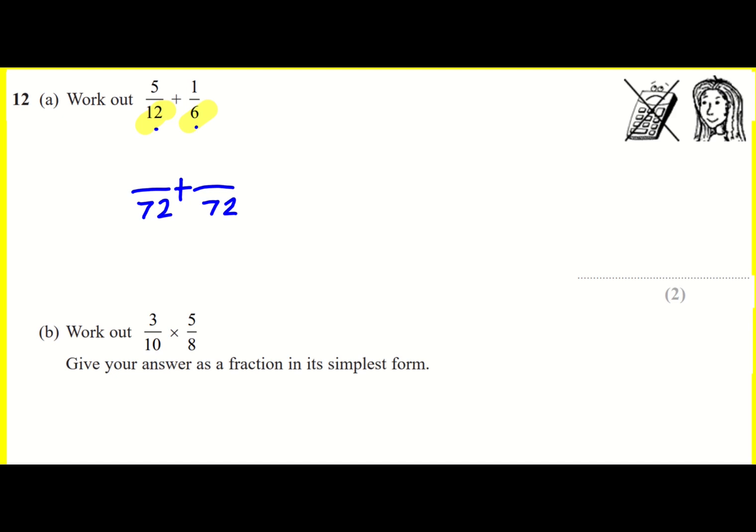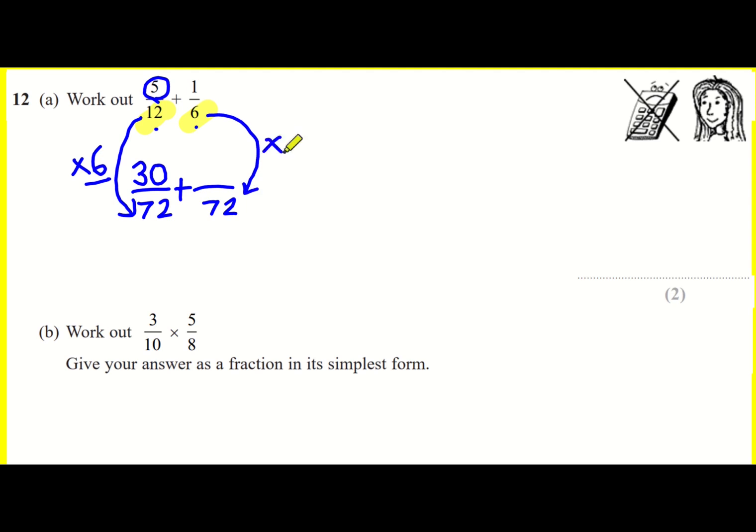And then what you have to think about is how many 12s are in 72? Well, 6. So therefore I must multiply this numerator also by 6, which gives me 30, because 5 6s are 30. On this side, I'm asking myself how many 6s go into 72?